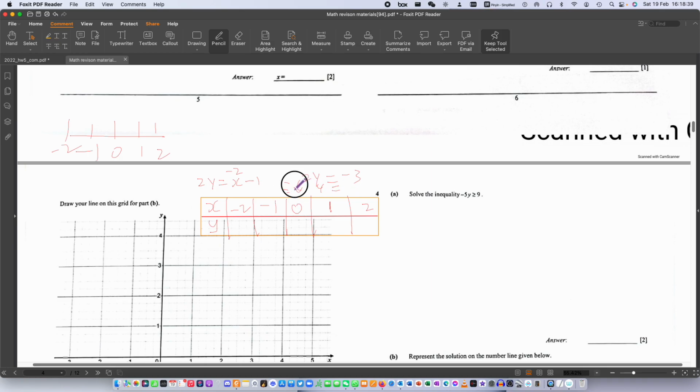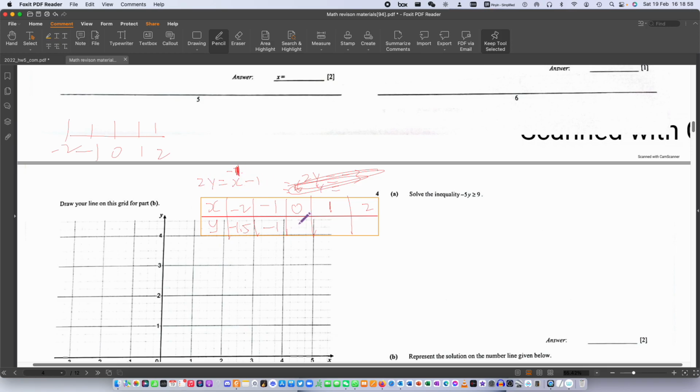Negative 3 divided by 2. Negative 1.5. Good, continue. Negative 1, so now it is negative 2 divided by 2. Negative 1. So you need to open your eyes. You need to open your eyes.